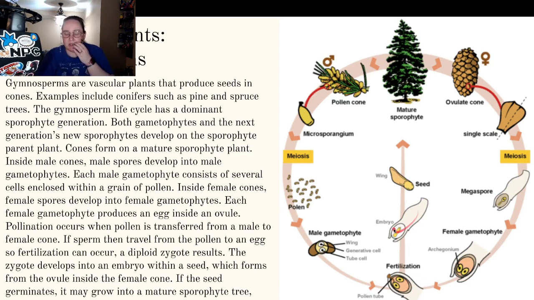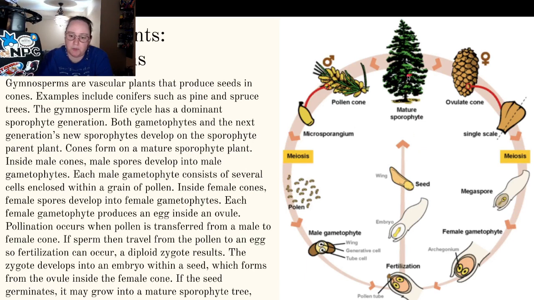And that becomes an embryo, which becomes a seed. We finally have a seed, and some of them get wings. And the female pine cones, it all falls off. And they flutter about and hopefully land and grow into a brand new pine tree, or the mature sporophyte generation.